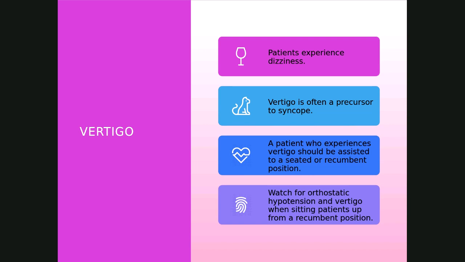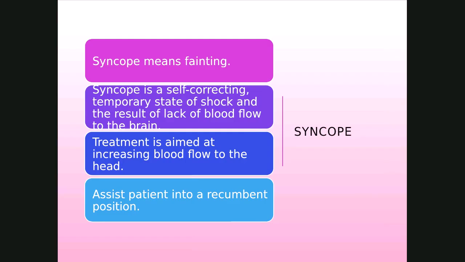And you want to watch for orthostatic hypotension and vertigo when you sit a patient up from a recumbent position. Remember that orthostatic hypotension is when you get a patient up too quickly, their blood pressure actually can drop and they can pass out. So you want to be mindful when you go to move a patient, you move them slowly and very methodically.